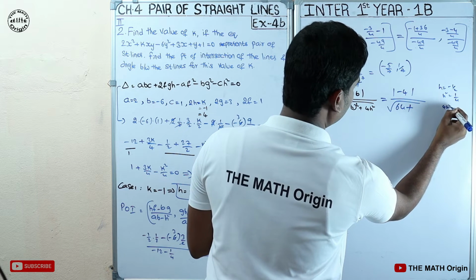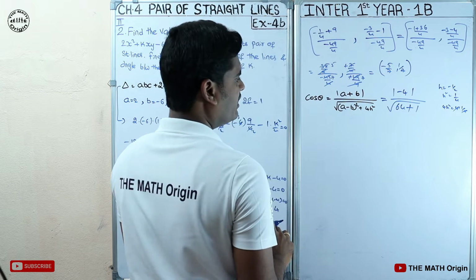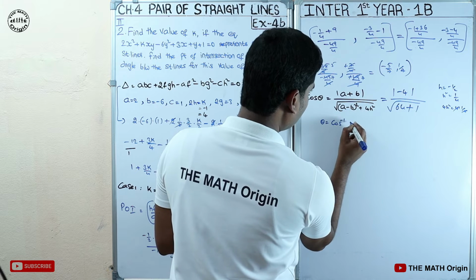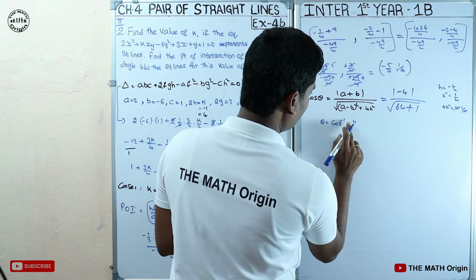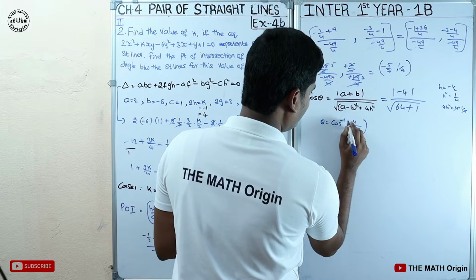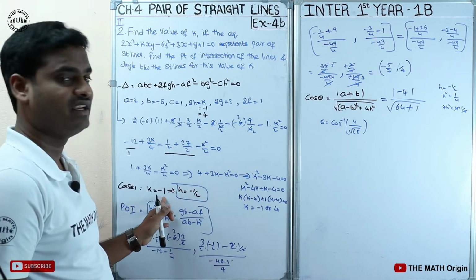We want 4h square, which equals 4 into 1/4. 4 cancels, the value is 1. Therefore theta is equal to cos inverse of 4 by root of 65, which is the first angle where the k value is -1.